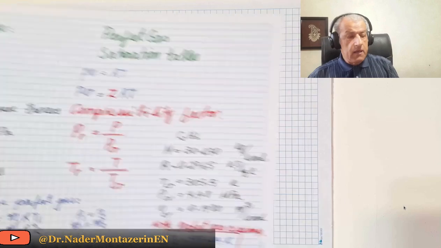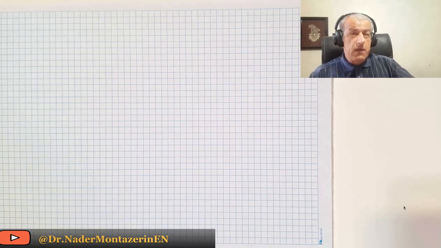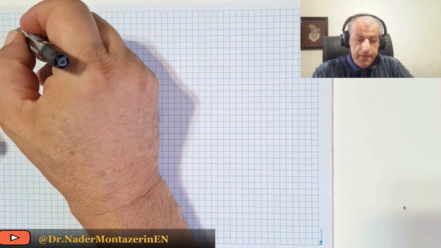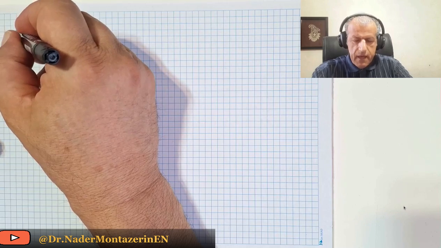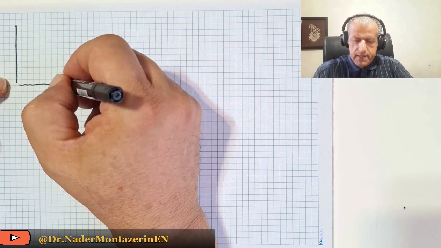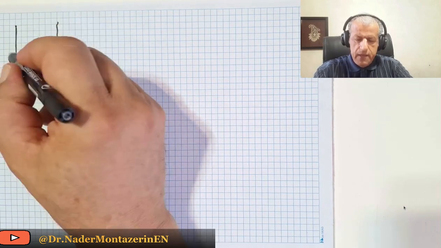In fact, if we want to learn some physical understanding of this problem, assume that ethane is in a cylinder piston device, and initially it is here.